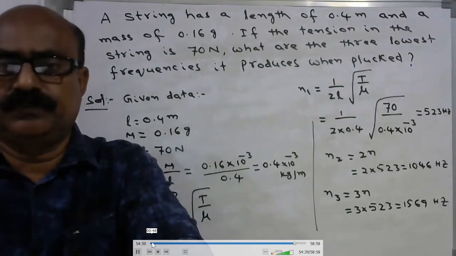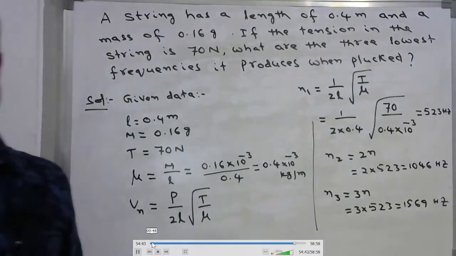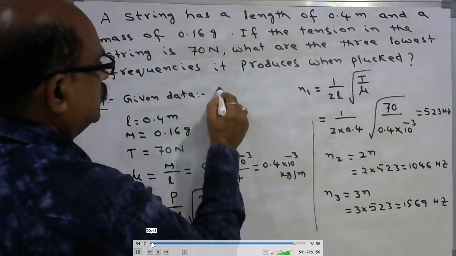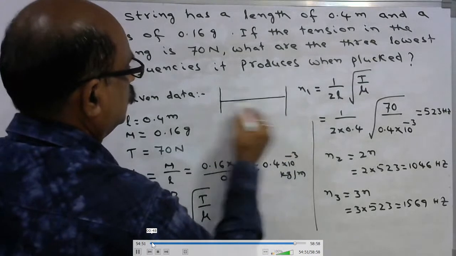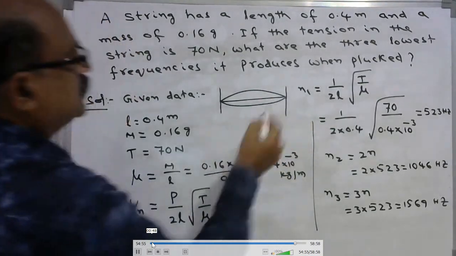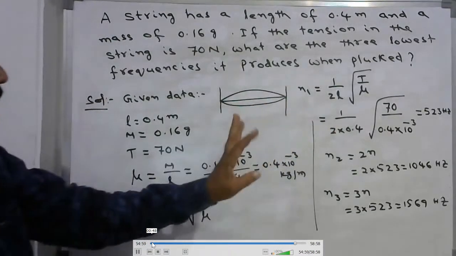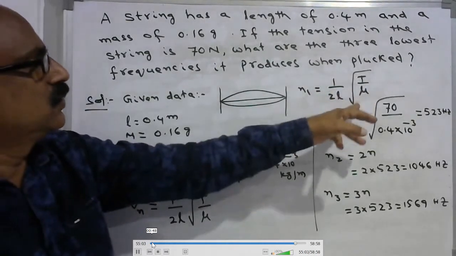So this is the problem given, and we have to observe that a string is to be plucked. When it is plucked, the lowest frequency is the fundamental frequency, that is N is equal to 1 by 2L under root T by mu.